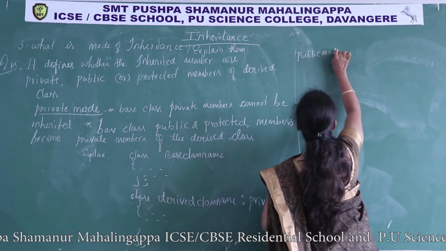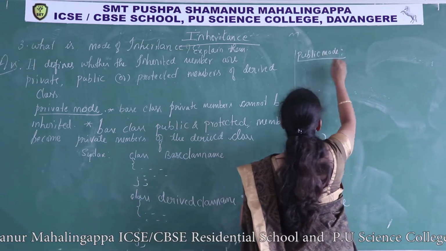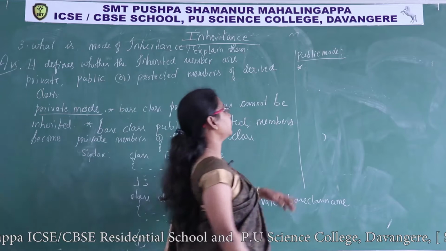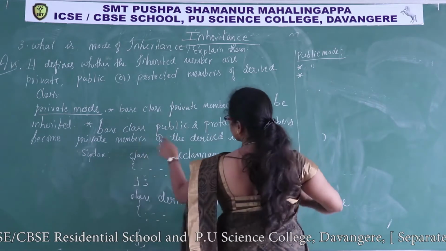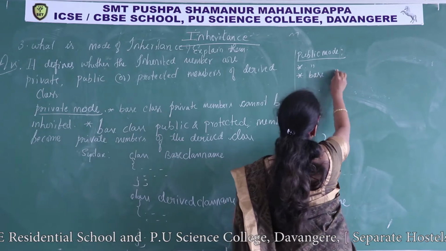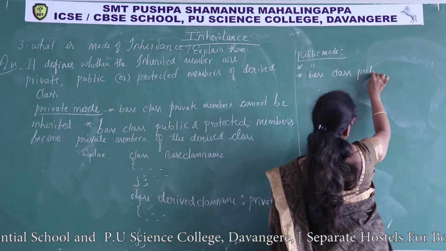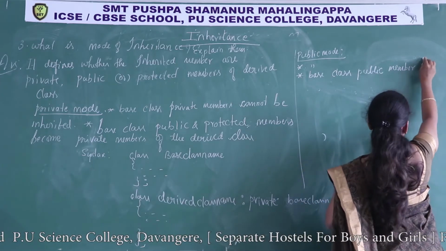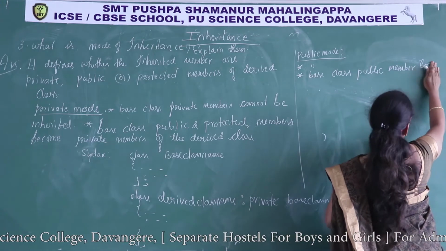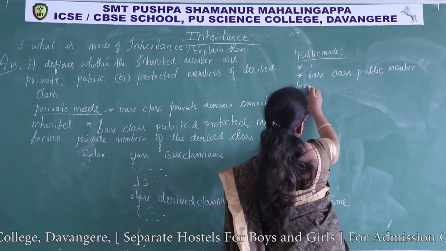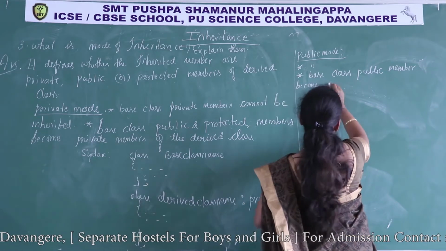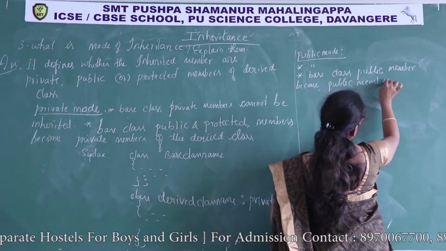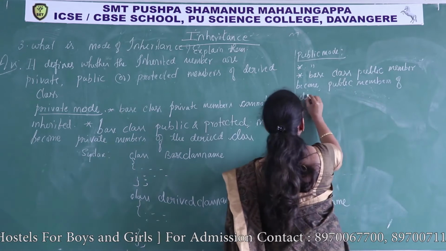Public mode I'll write. So first point is same, that is base class private members cannot be inherited. And second point, base class public members become public members of derived class.